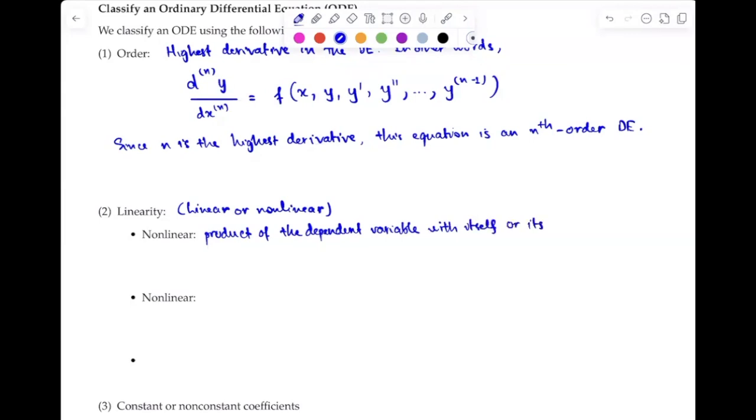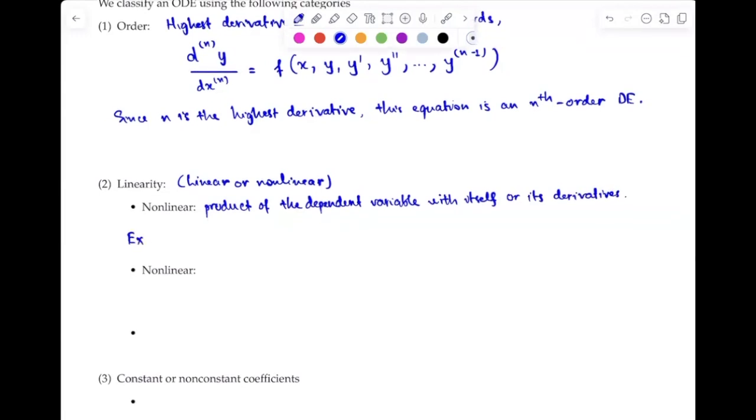For example, if you see y times itself, y times a derivative, or y times another derivative, you can say the differential equation is nonlinear.